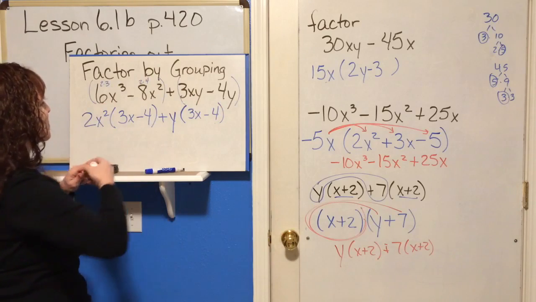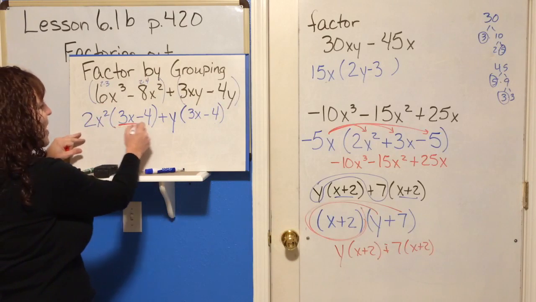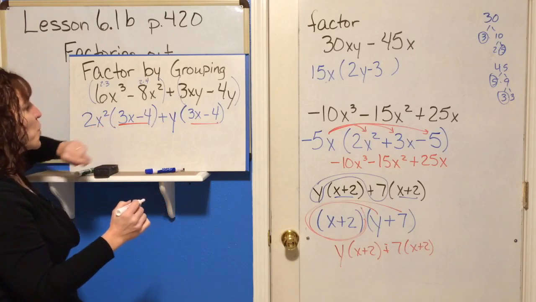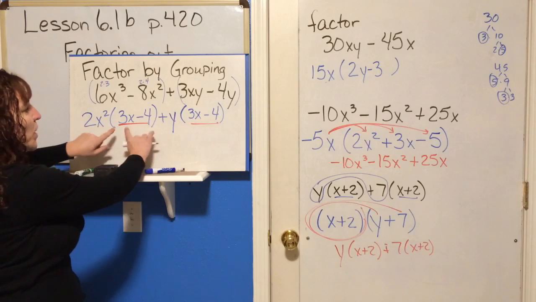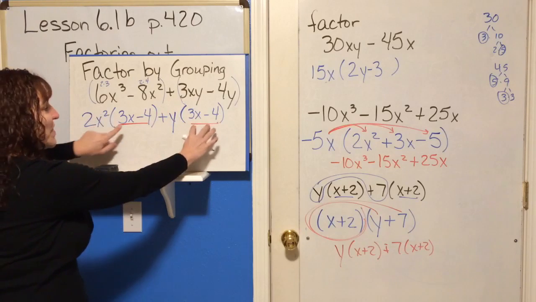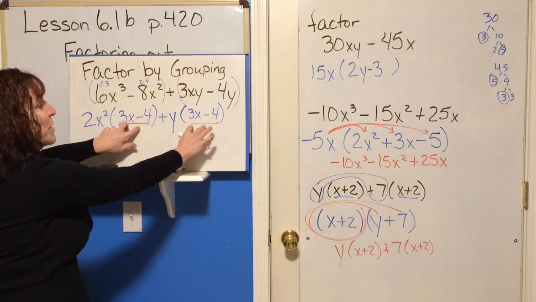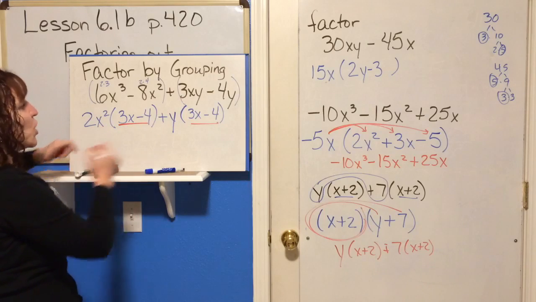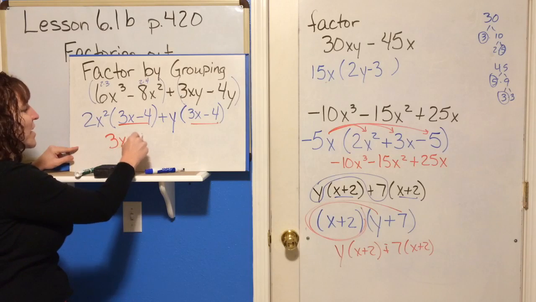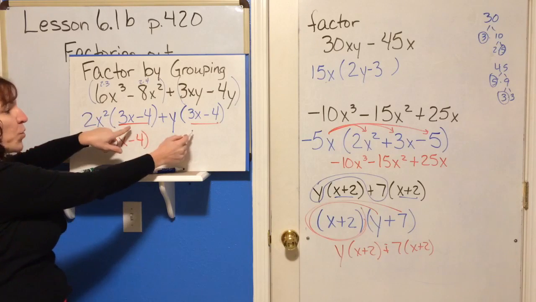Because our 3x minus 4 matches the 3x minus 4 that we multiplied. So we multiplied this 3x minus 4 times two different things, but this is the same factor. Because this is the same factor, we can pull it out. So 3x minus 4 is the same in both.